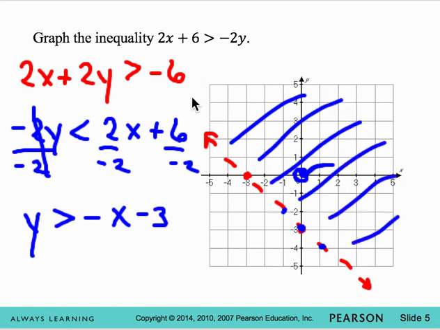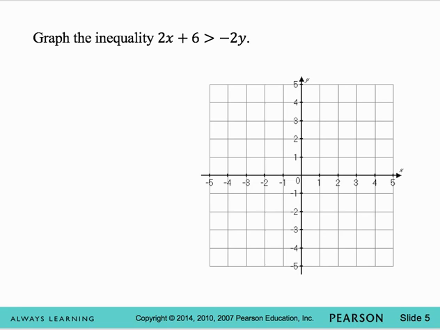We were just graphing this same equation in a couple of different ways. But be careful if you're solving an inequality: when you divide by a negative, you have to flip that sign. And be careful if you move things around to keep the inequality pointing in the correct position that it started out in. Okay, so that finishes up chapter 11.